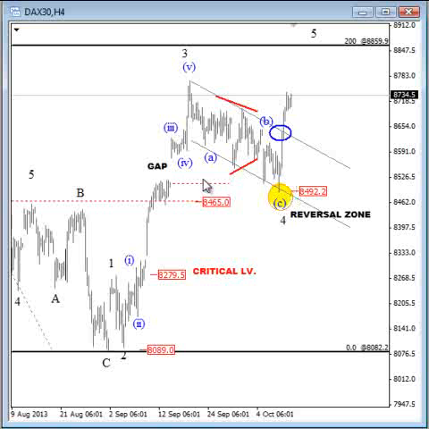As we can see, this gap was tested several times, and it seems that this uptrend breakout is now for real, because as you can see, we are trading well above this trading channel. So it seems that wave 5 here is in progress.